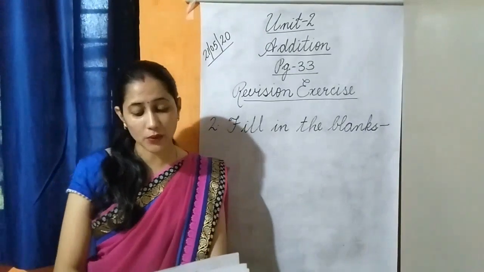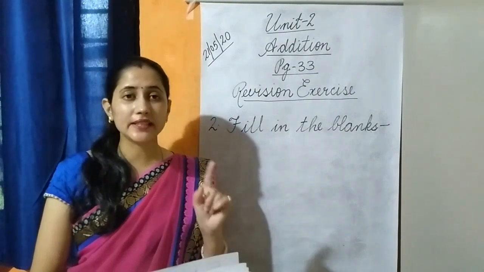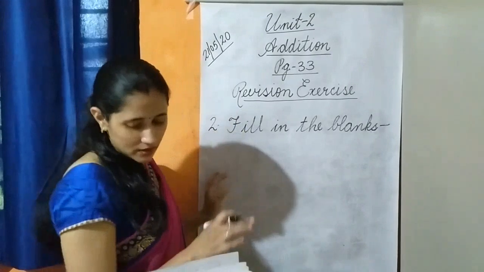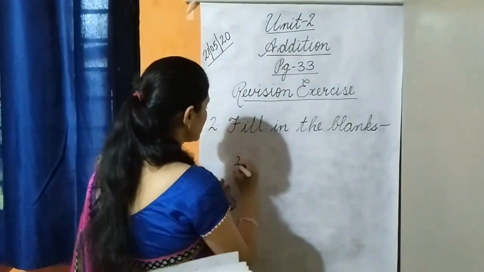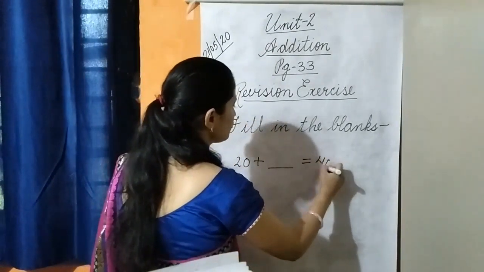So students, how to find out the addend? To find out an addend, we subtract the given addend from the sum. I will give you an example, like 20 plus blank is equal to 40.